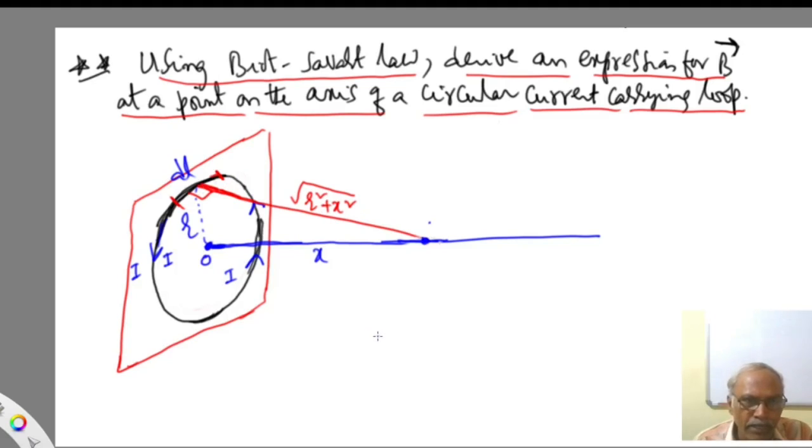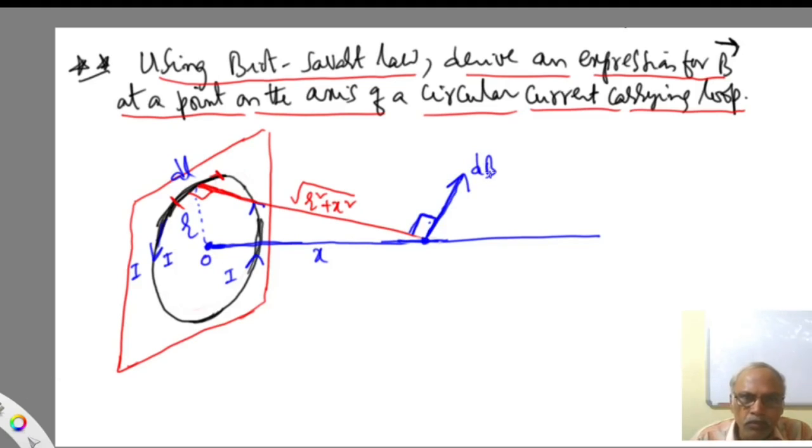Mu naught by 4 pi I dl sin theta by r square. This magnetic field at this point is perpendicular to this line. This is dB, and it is at 90 degrees to this line.